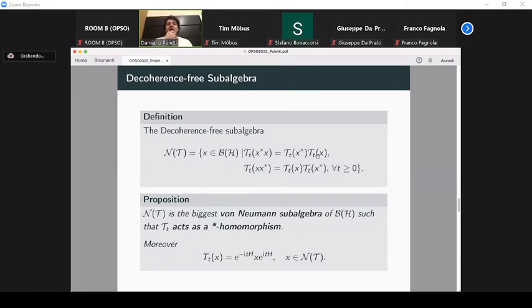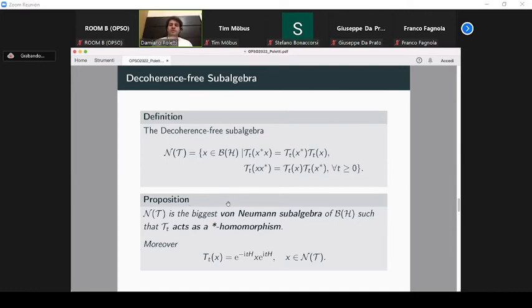The definition of the decoherence-free subalgebra is the set N(T), which collects all the elements of the bounded operators that satisfy this multiplication rule when looking at the semigroup. And why is this set important? Why are we interested in such a set?